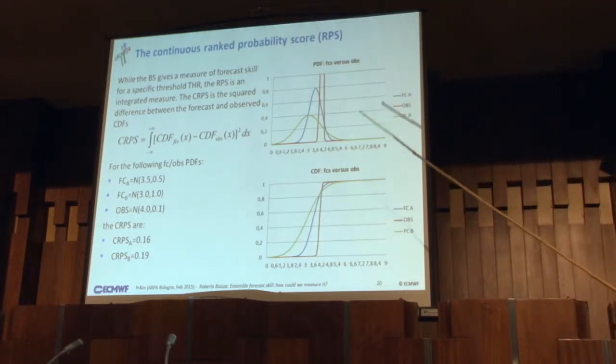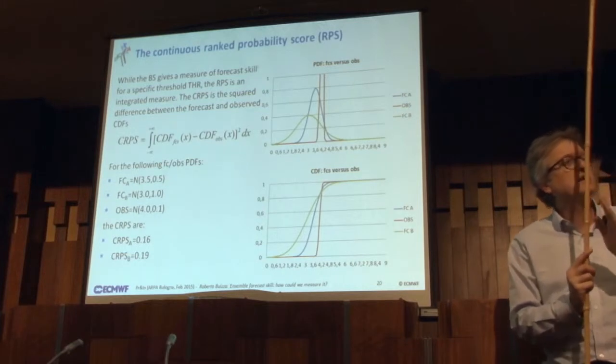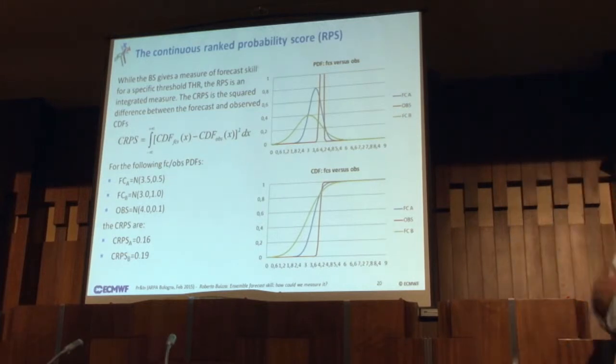It measures the distance between an observed PDF, that you can make as a delta function, or a very narrow Gaussian if you add a small observation error, and your forecast PDF.